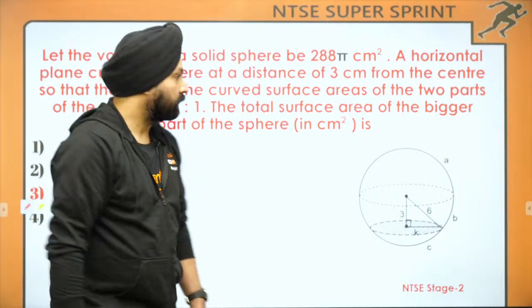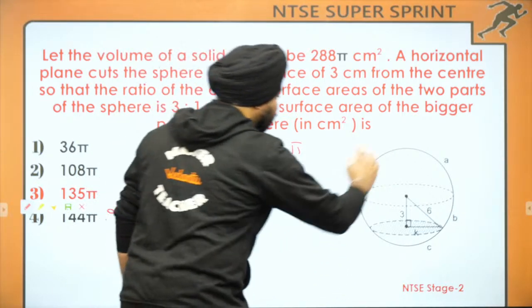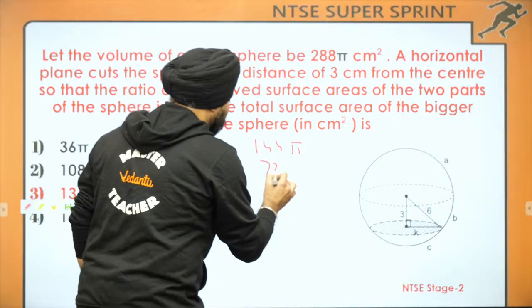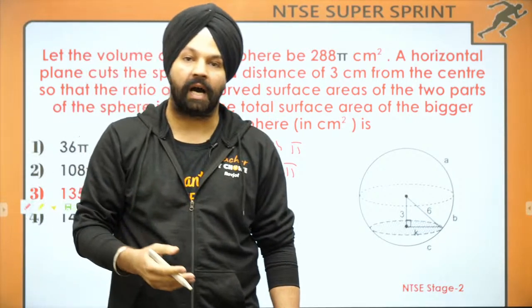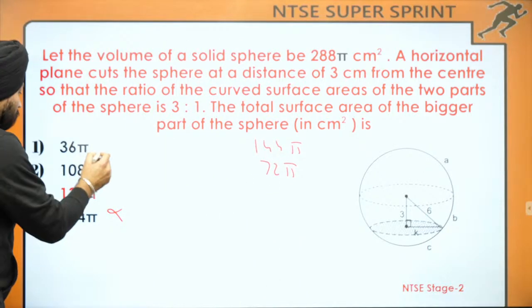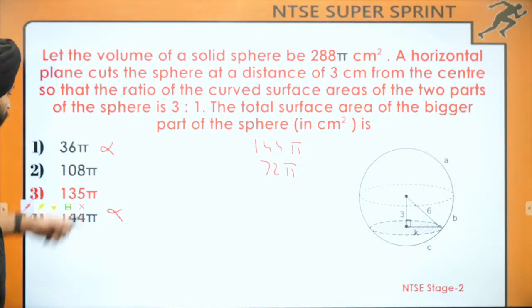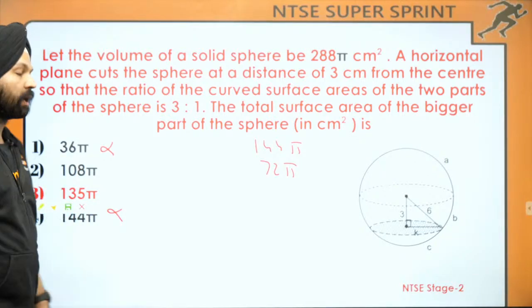Also, the total surface area is 144 pi. Half of the sphere will be having 72 pi. That means our answer has to be more than 72 pi. So two options are gone, two are pending, that is 108 pi and 135 pi.